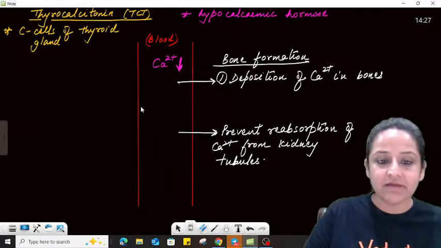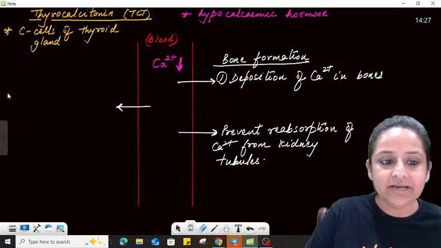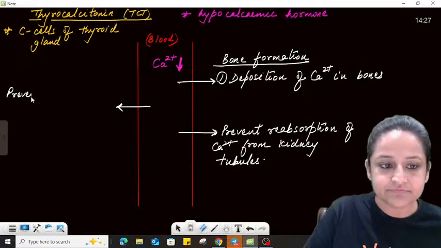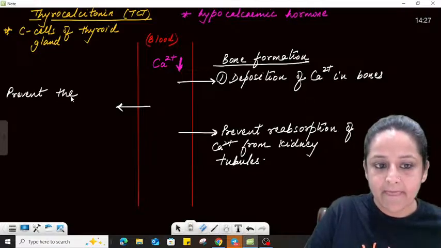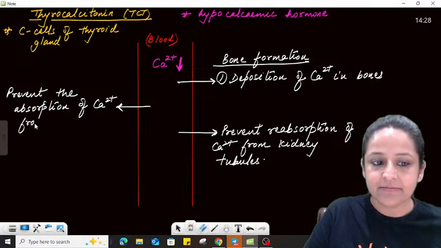And the third thing this hormone is doing, it is going to prevent the absorption of calcium ions from the digestive tract.